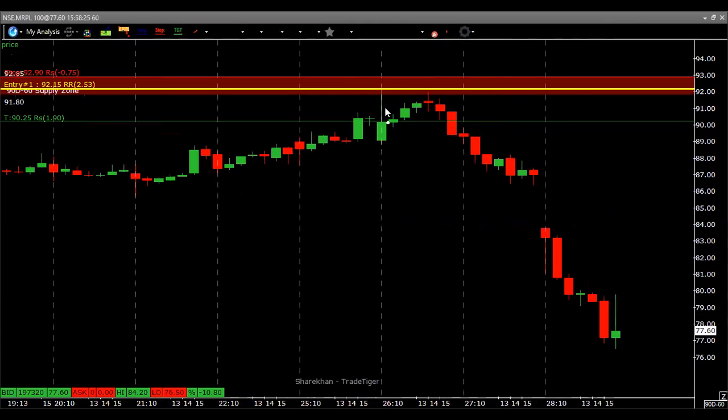As you can see, price opened low and went higher. It went higher, just gave a fill into my sell order, and then collapsed down again to close below my target. So within the first hour, I got my entry and I also got my target.